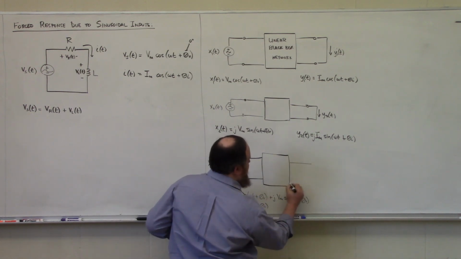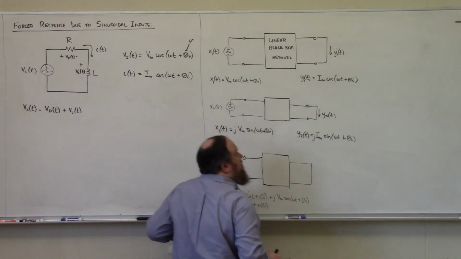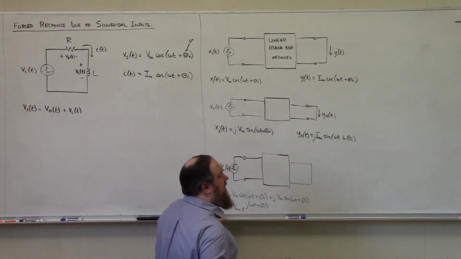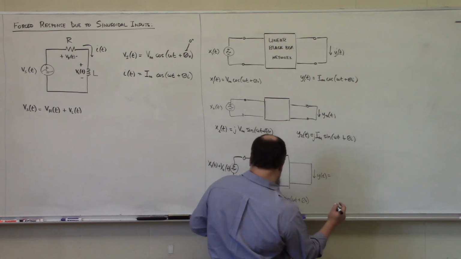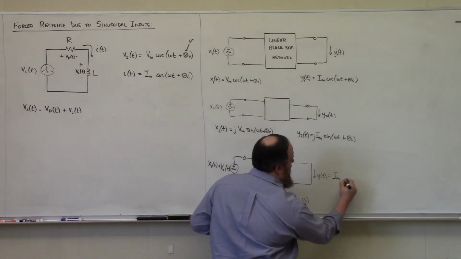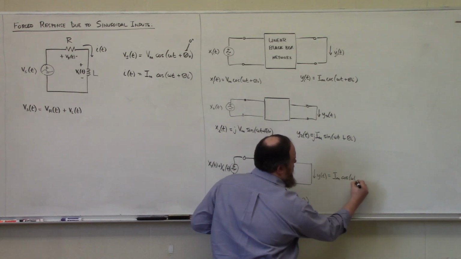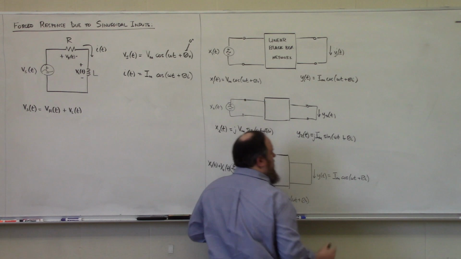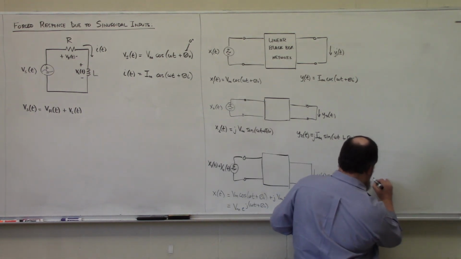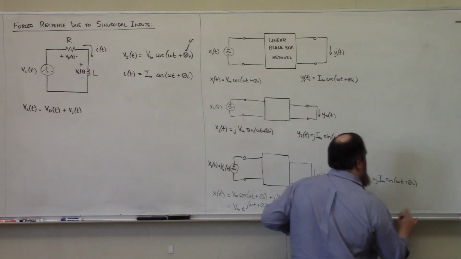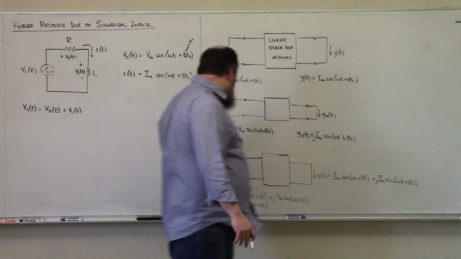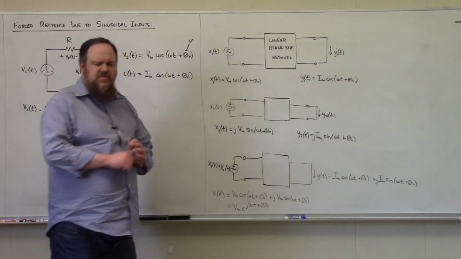My response to this, due to the linearity, or excuse me, the additivity property, my response, y of t, should then be Im cosine omega t plus theta I plus j Im sine omega t plus theta I, which I could express using Euler's identity as an exponential function, but I'm not going to.